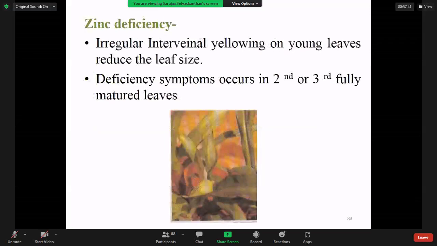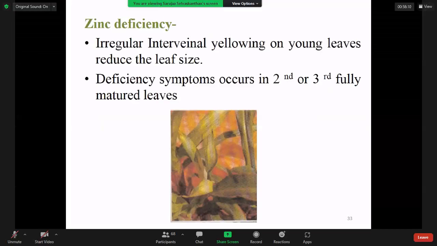Then zinc deficiency: irregular interveinal yellowing of young leaves and reduced leaf size. What is the function of zinc? Are you hearing? Yes, ma'am.